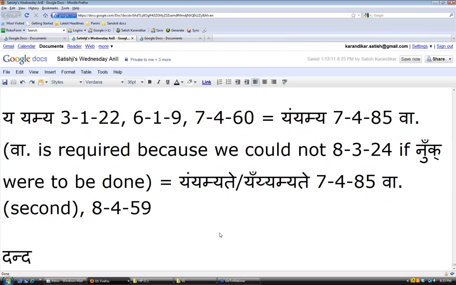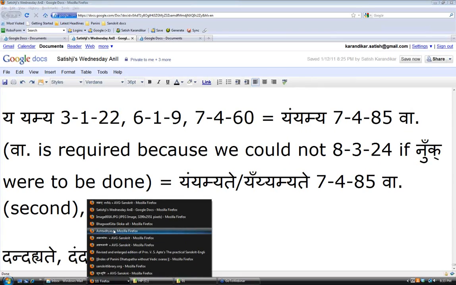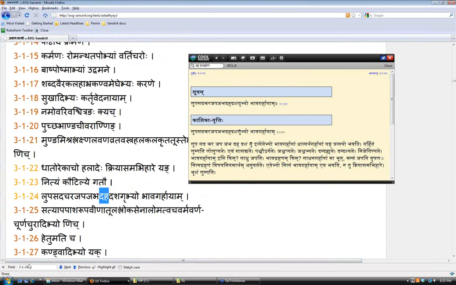You can also make it the anuswara, dandayate. So this was 7486, specifically mentioning some dhatus. The dhatu da is kind of important there. So still in the nuk agama section itself, these are the two or three rules there in the nuk agamaha.